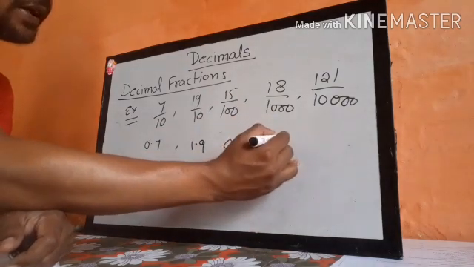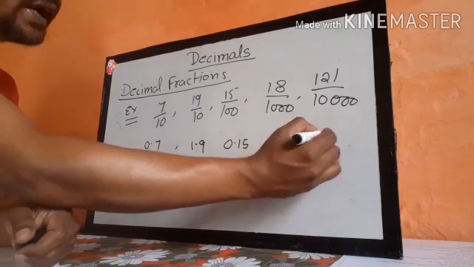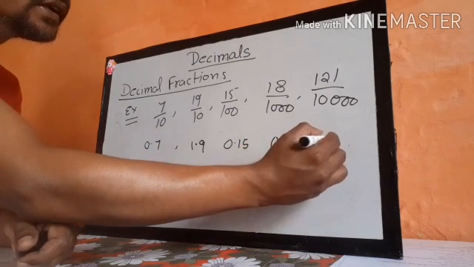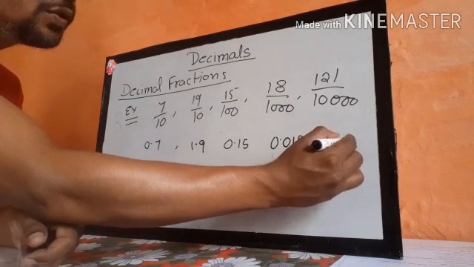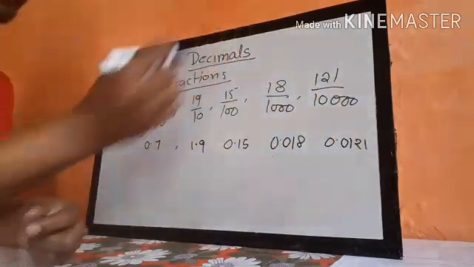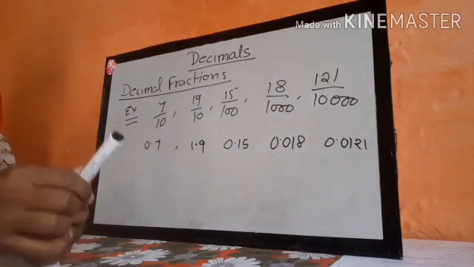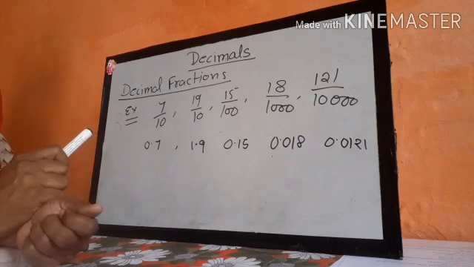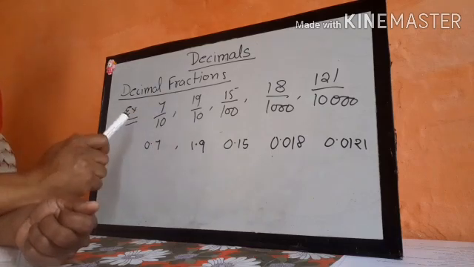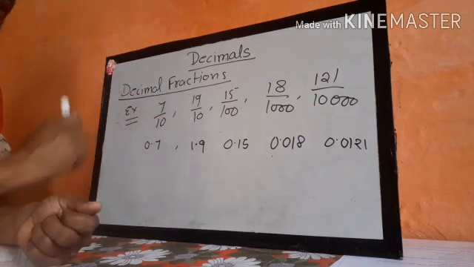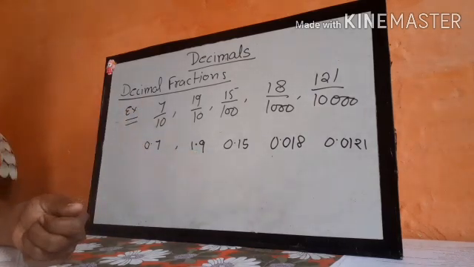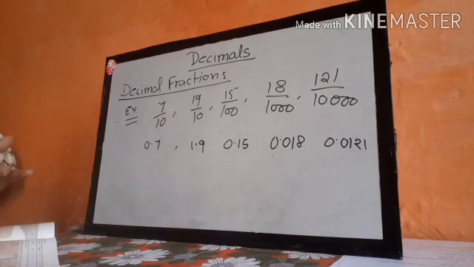Here 0.018 and here 0.0121. So how did I get these decimal representations? Divide the numerator by the denominator and you will get the decimal. This division you have learned in previous classes.